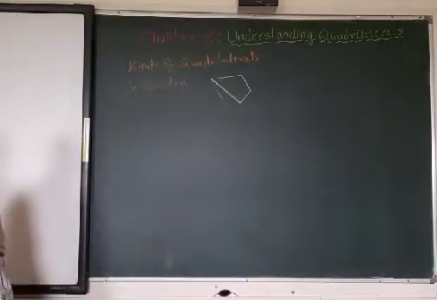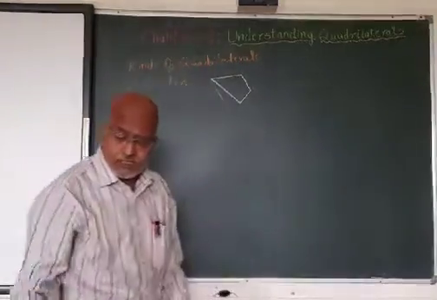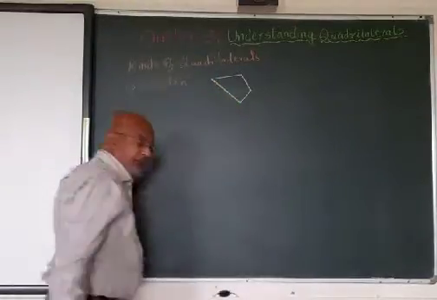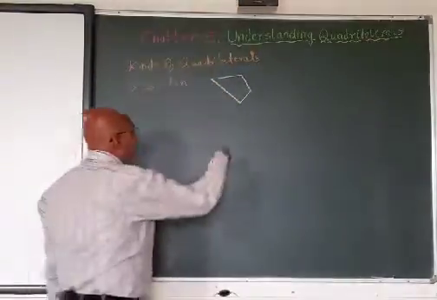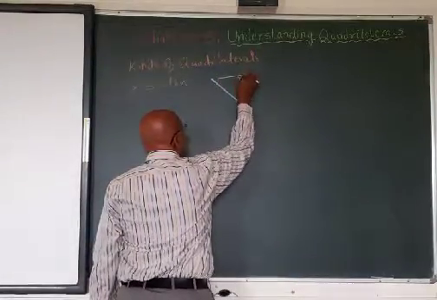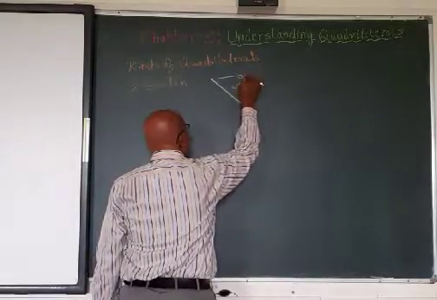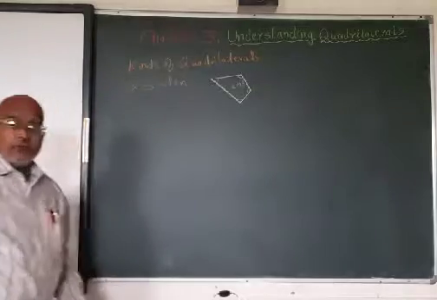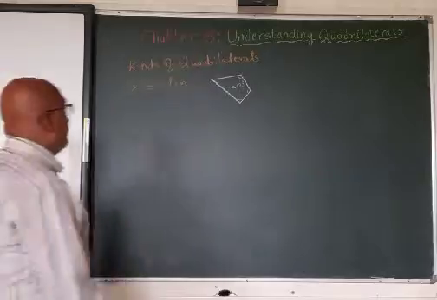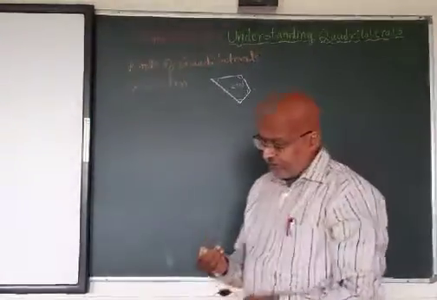Any type is possible, but only one thing, it should be a convex polygon, meaning all the interior angles are less than 180. That you have to remember. So first is the scalene quadrilateral.